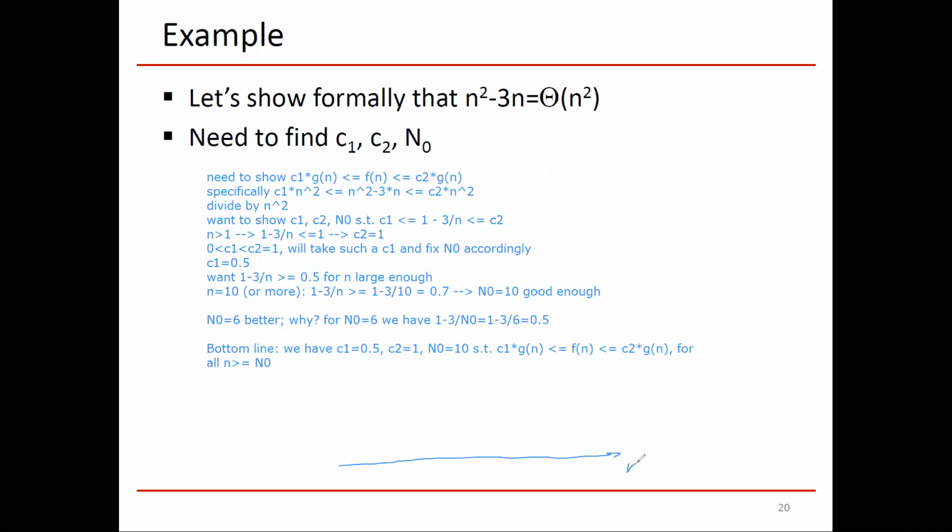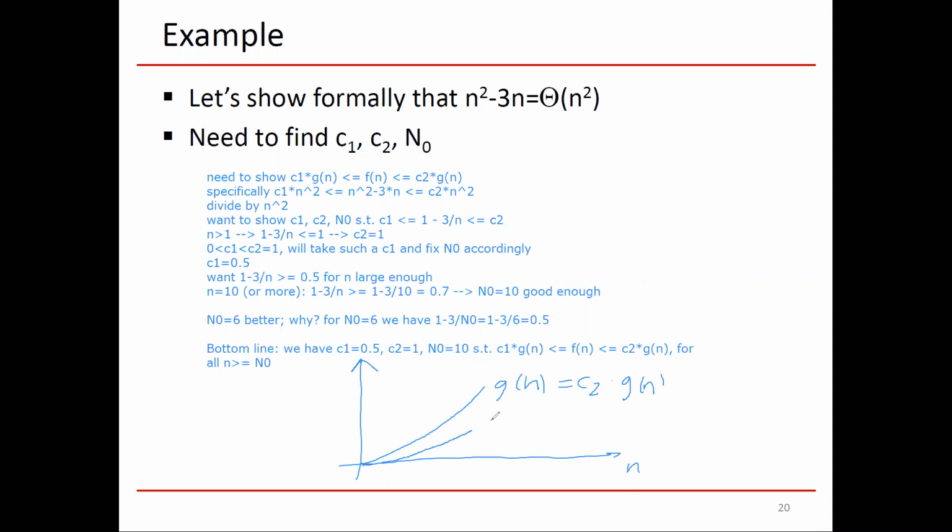This will be N, and we have G of N is N squared. Okay, so I tried to give it a parabolic shape. And C2 times G of N is equal to G of N, because C2 is equal to 1.